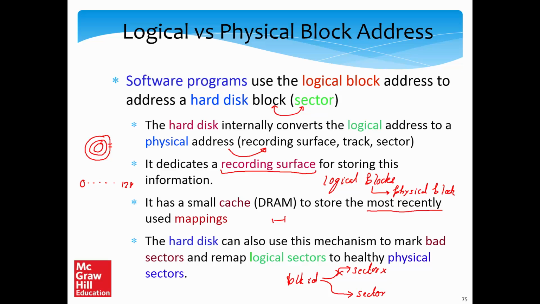All of these things are possible inside the hard disk because the actual track, sector, and recording surface information is not visible outside the hard disk. The only thing visible outside is an abstraction, which treats a hard disk as one huge array of bytes.